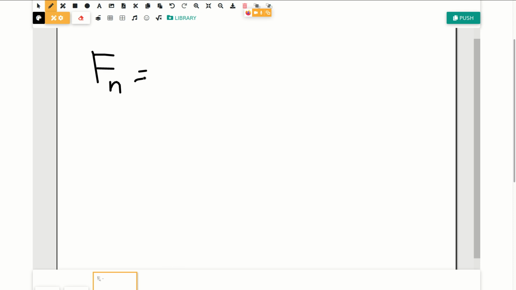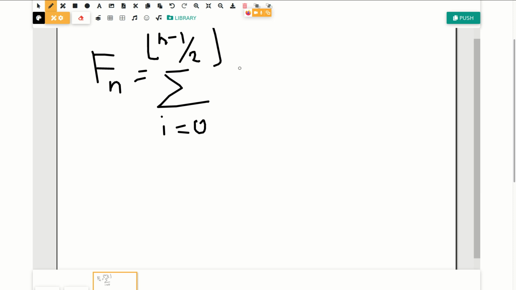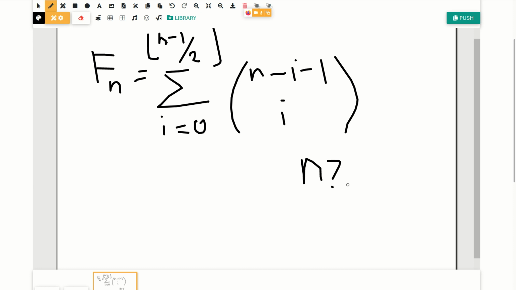But since in competitive programming you're often dealing with combinatorics, this might come in useful sometime. So the general formula would be the sum over i from 0 to the floor of (n minus 1) by 2 of (n minus i minus 1) C i, for n greater than or equal to 1.